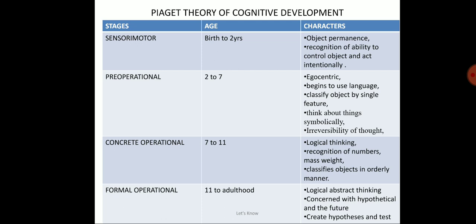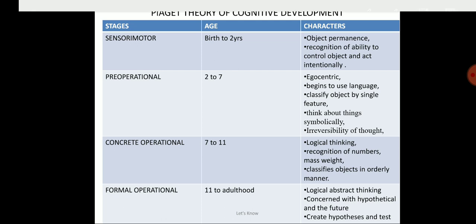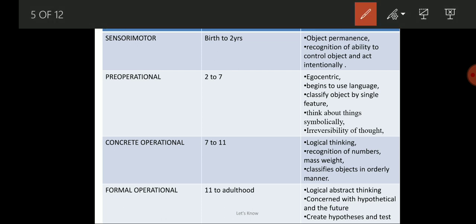That means Piaget believed that cognitive development occurs and then learning happens. By development, learning happens. In short form, you can take it as DL, that means development first, then learning.